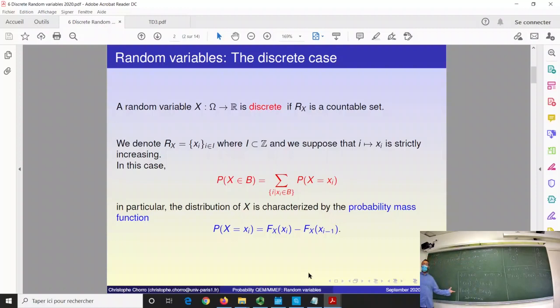And now I just have to plug in what I have obtained. So it is (x over n) to the power n minus ((x minus 1) over n) to the power n.